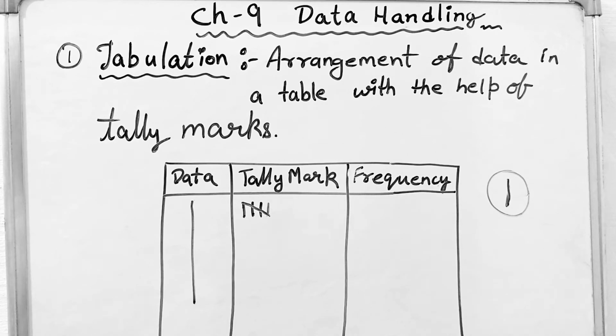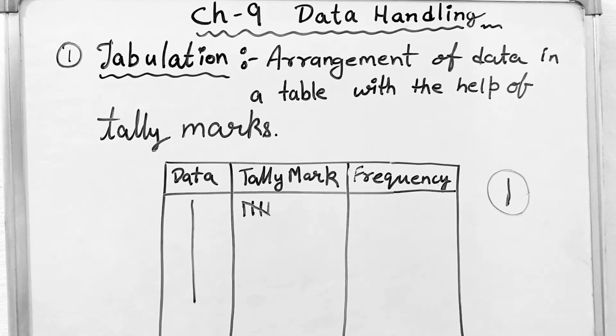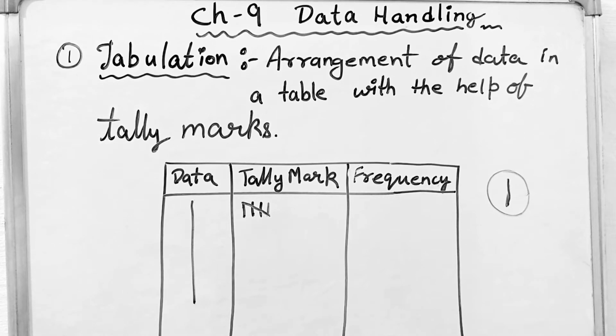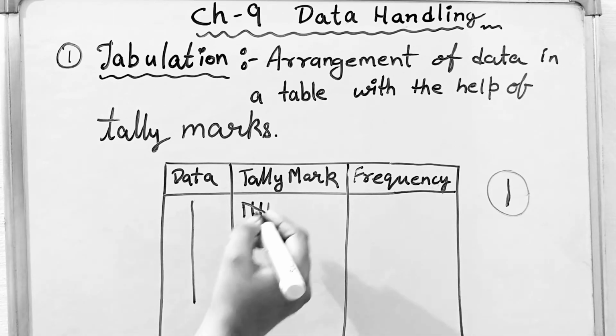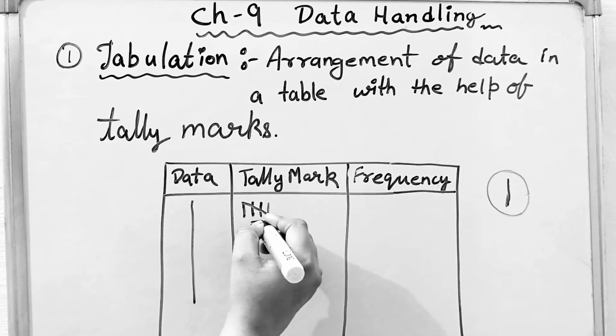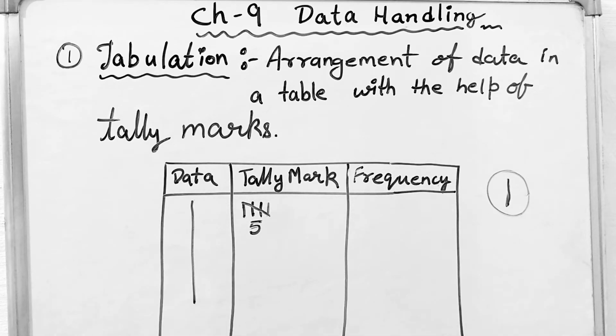In order to make our calculation easier, we make bunches of 5 tally marks, because sometimes the data may occur a large number of times and it is difficult to count them individually. So we make these bunches of 5 and we count them all together as 5. This makes our calculation easier.